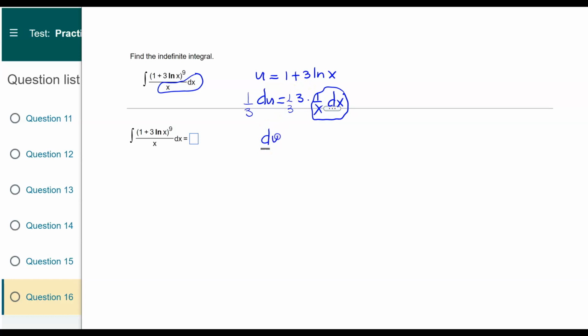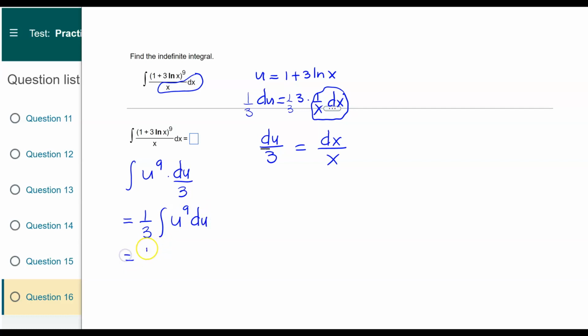So you will have du over 3 equal to dx over x. And so therefore the integral here could be written as u to the 9th, and then the dx over x is replaced by du over 3. Then you can factor out that 1/3, so 1/3 u to the 9th du.